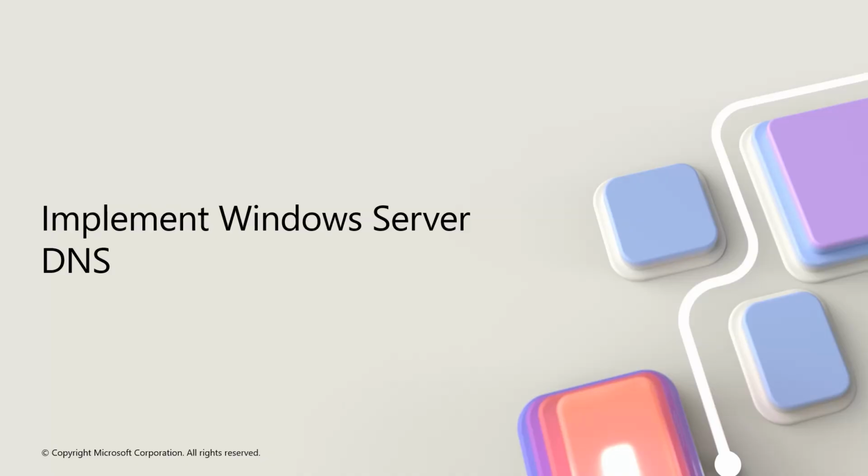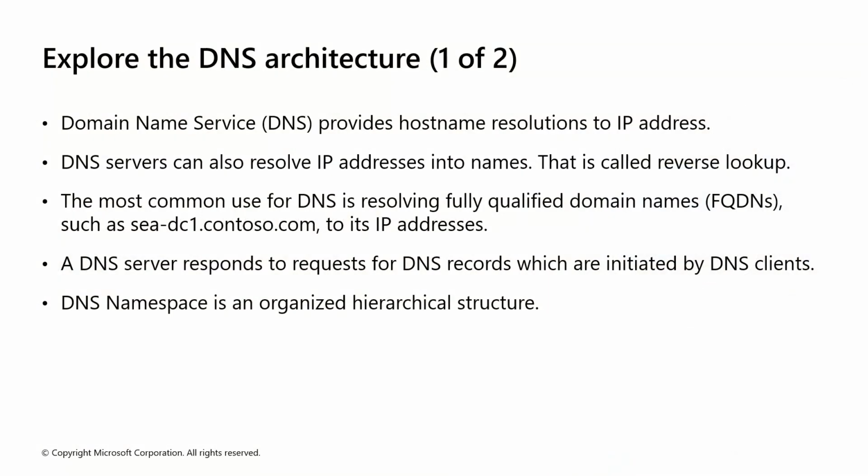Next, we'll move on to implementing DNS, or Domain Name System, in Windows Server. DNS is essential for translating human-friendly names into IP addresses, and it is a core part of any network infrastructure. DNS provides hostname resolution for IP addresses and can also perform reverse lookups.